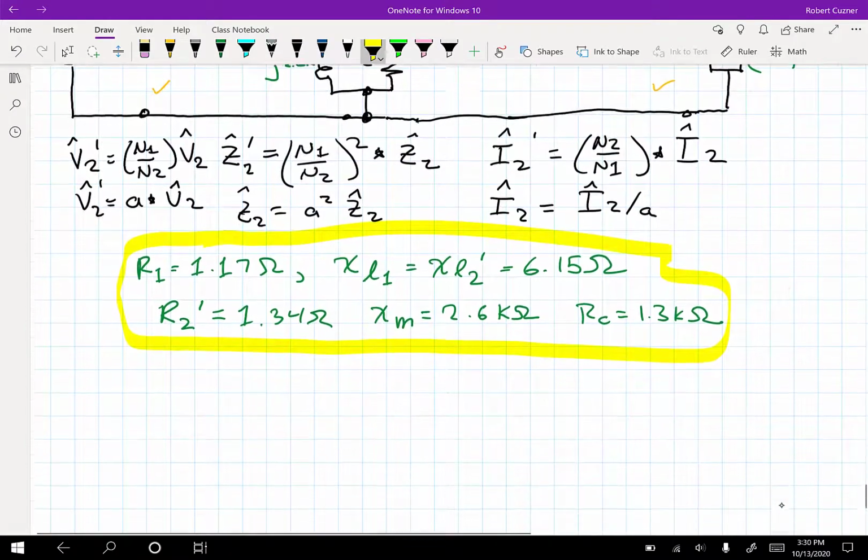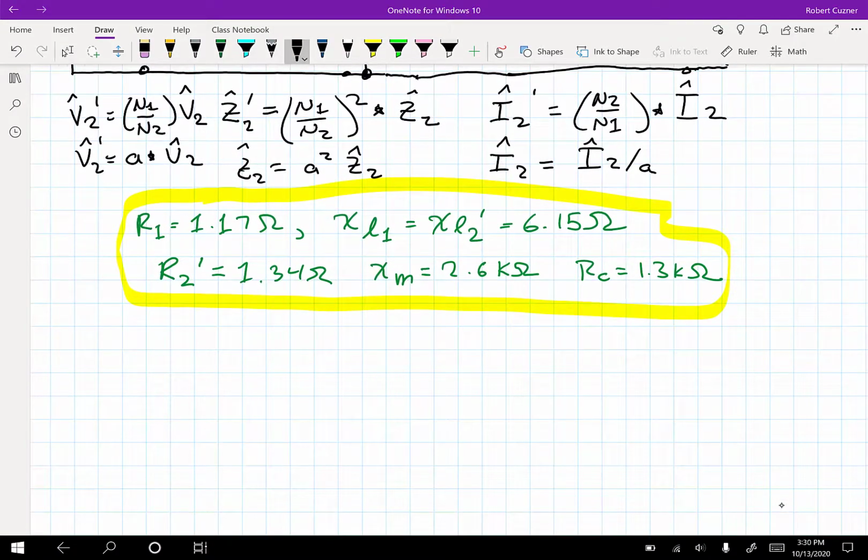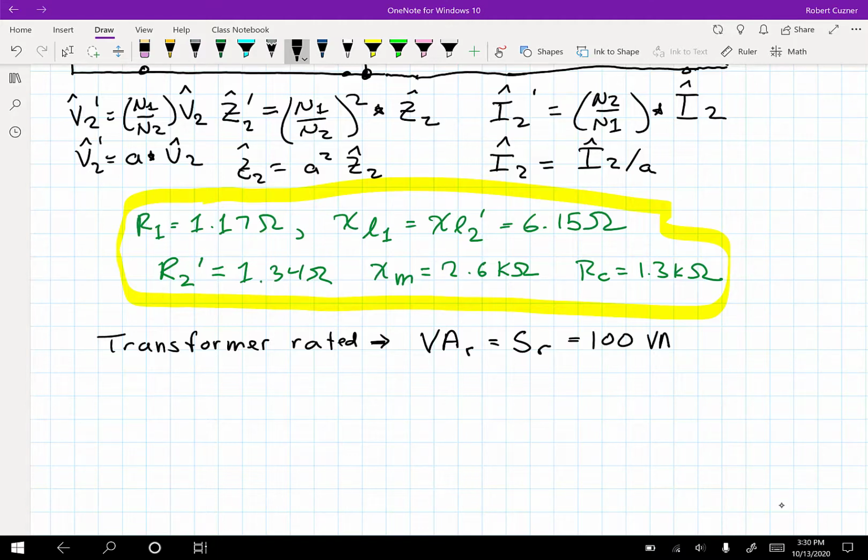So, for example, we might have a problem that says I have this transformer, and it's rated. When I use ratings, I typically put a little subscript R. So the rated VA, that's the same as the rated apparent power of the transformer, is 100 volt amperes.